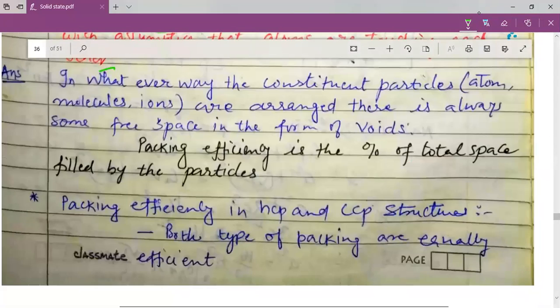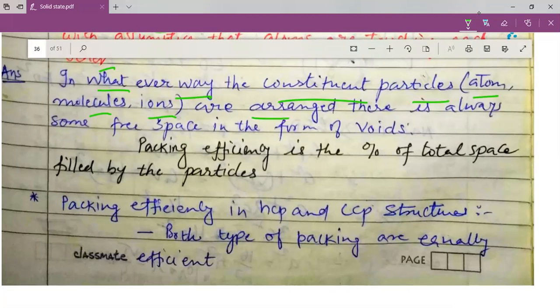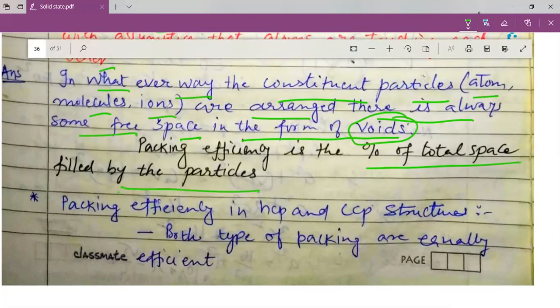So now let us answer this question. In whatever way the constituent particles, that means atoms, molecules or ions, are arranged, there is always some space in the form of voids. So whatever the way you arrange these particles, there will always be some voids. Packing efficiency is the percentage of total space filled by the particles.